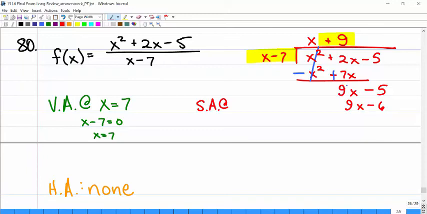To subtract, change the signs. 9x minus 9x is gone. Negative 5 plus 63 is 58. You don't really care about that though, because your slant asymptote is going to be y equals x plus 9.